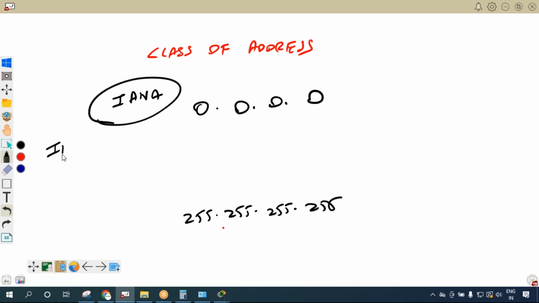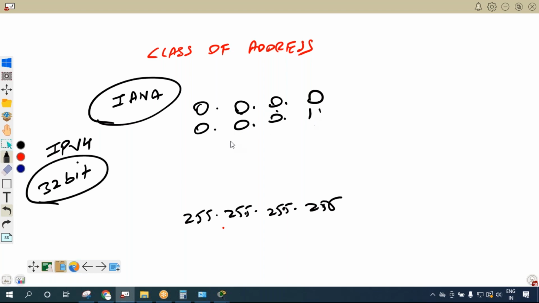When IPv4 was created, IPv4 was how many bits? IPv4 was 32 bit. So here from 0 to 255, 0 to 255, 0 to 255, 0 to 255. How many combinations can we have? 0.0.0.1 will be the first IP, 0.0.0.2 the next, then 0.0.0.255, then 0.0.1.0, then 0.0.1.255, and so on.